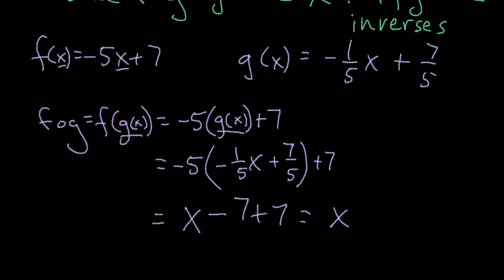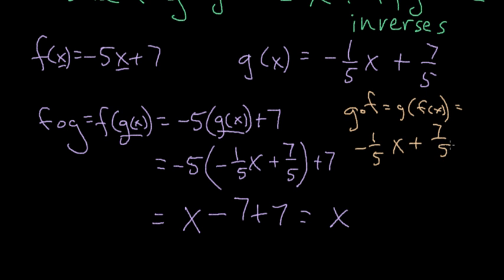Well, let's see what the other one looks like. What about g of f? Well, that's g of f of x. If g of x is negative 1/5 x plus 7/5, then g of f of x will be negative 1/5 times f of x, negative 5x plus 7, plus 7/5.